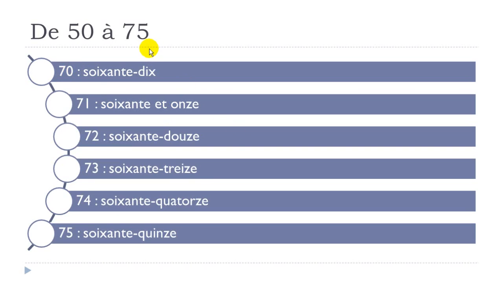Remember that from 70 to 79, you will have to use this 60 and then the numbers from 10 to 19, okay? 10, 11, 12, 13, 14, 15, etc. So we'll see the rest in a coming lesson.